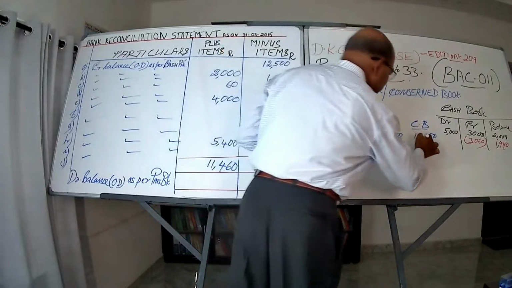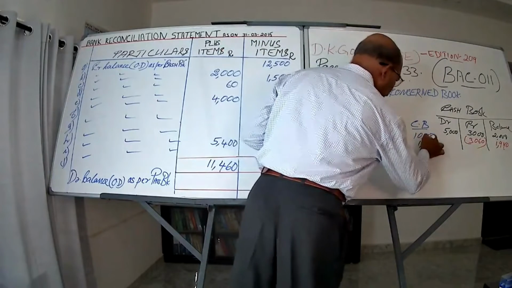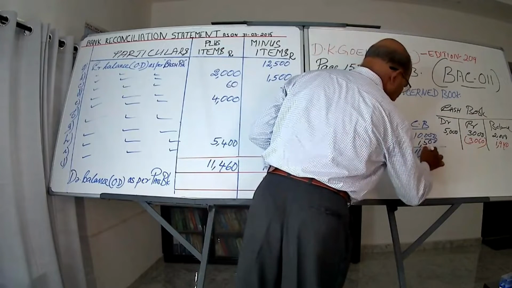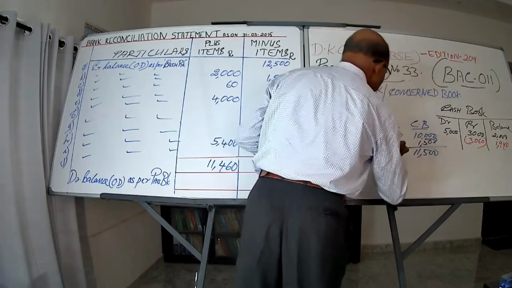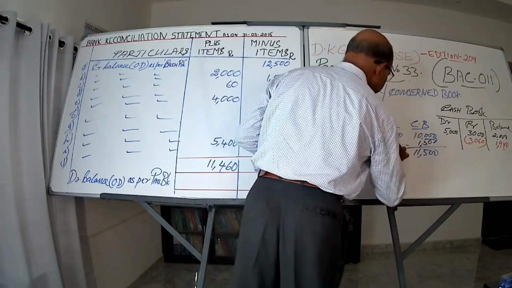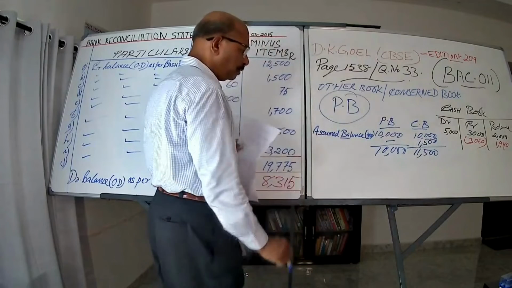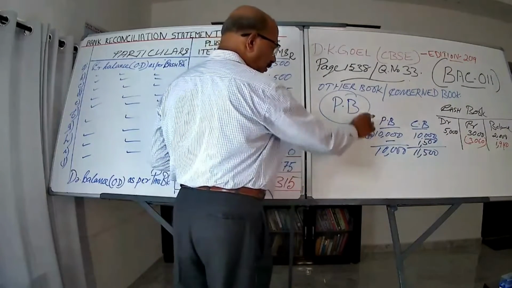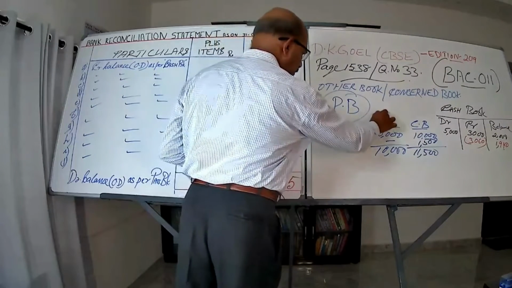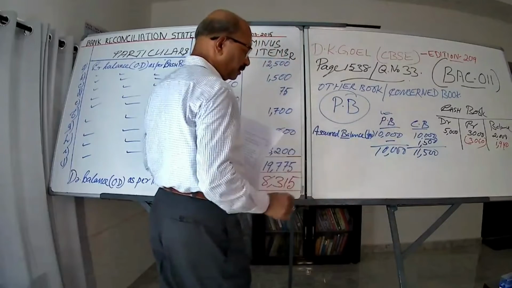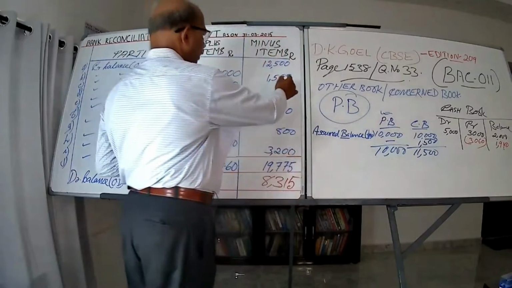The moment I have received the check, I have recorded it in the cash book and the balance has become 11,500. But it has not gone to the bank. Here it is still 10,000 only. Naturally, in the concerned book, throughout the sum, it is a decreasing effect here. Hence, I have shown it here.